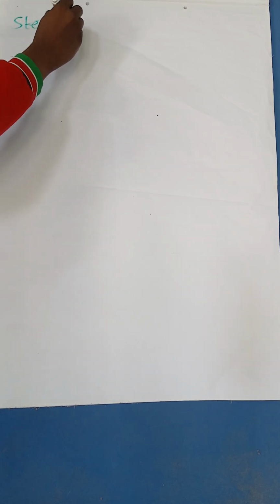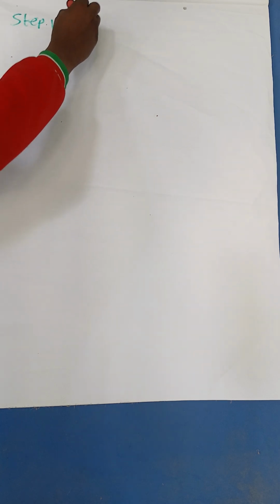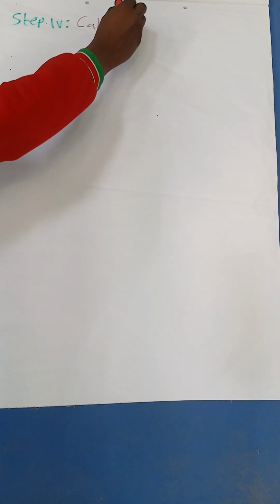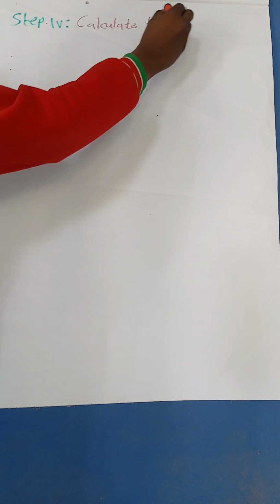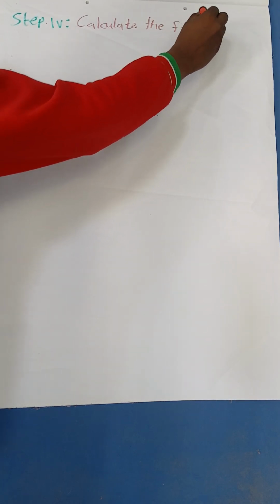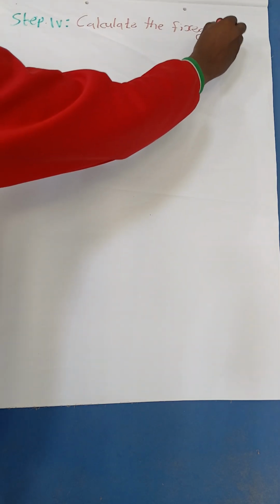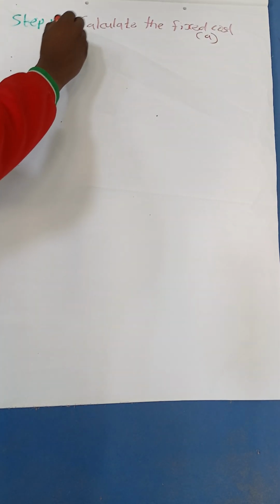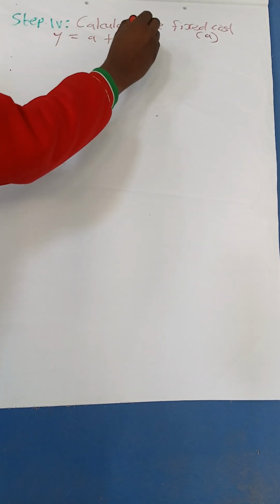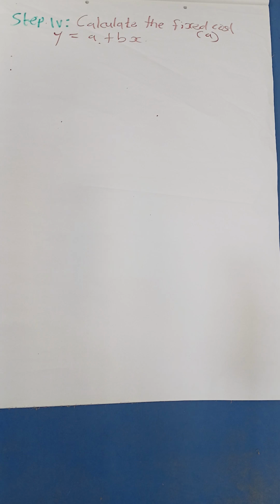On step 4, what you have to do is calculate the fixed cost, which is the part A, because we are adhering to the formula that Y is equal to A plus BX. So we want to identify that part.